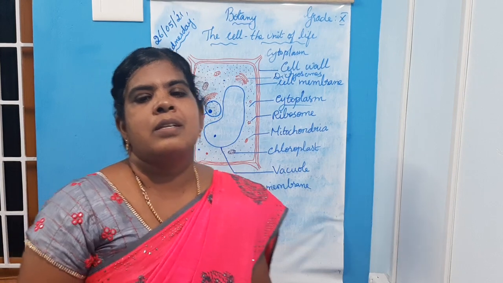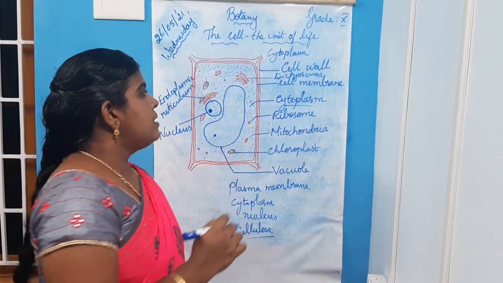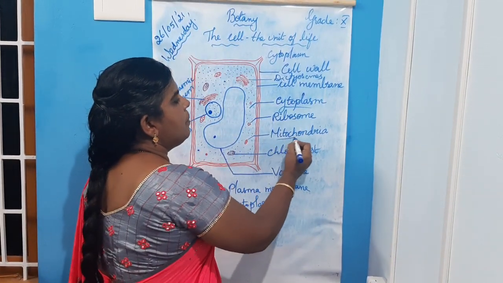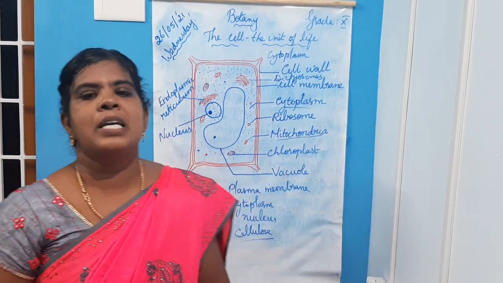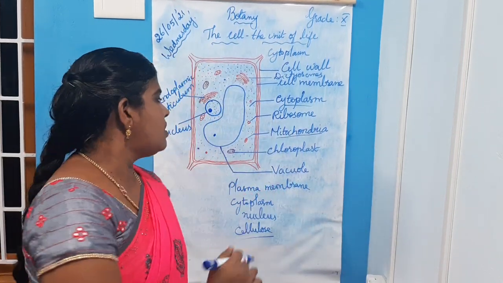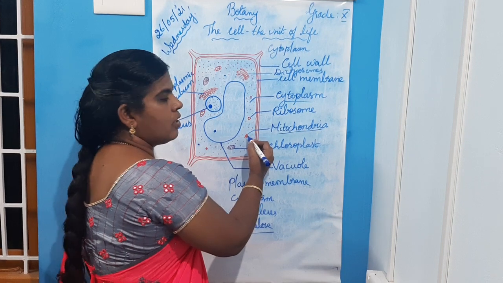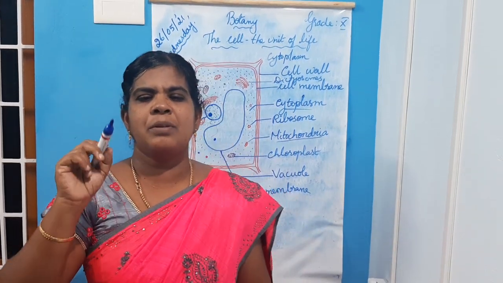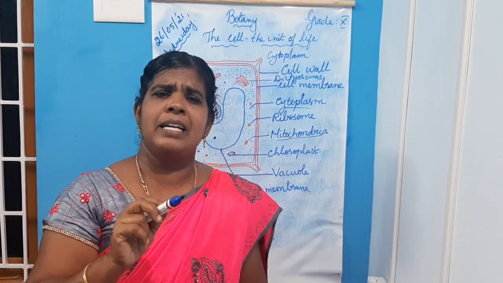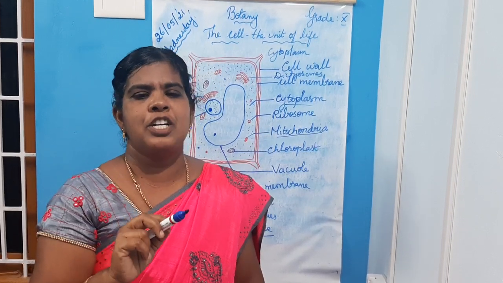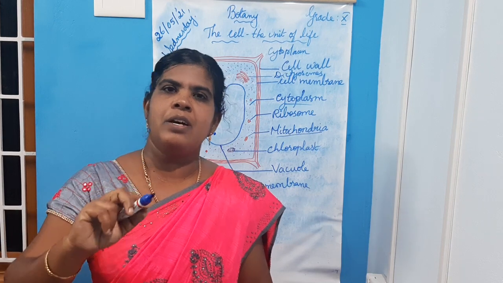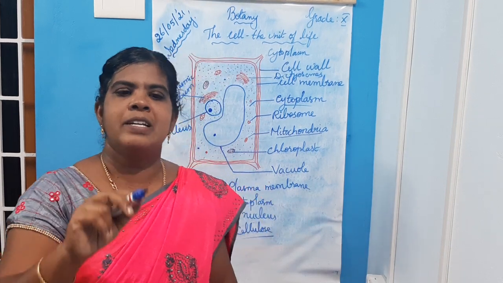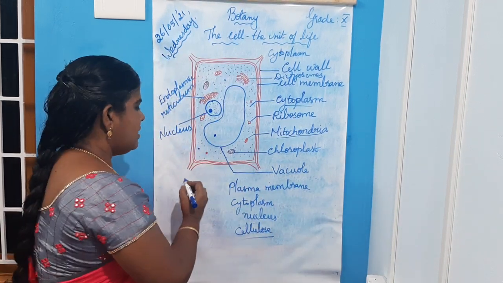Next, about one of the organelles, mitochondria. These are rod-shaped structures present in the cytoplasm. These are the main organelles for cellular respiration. Mitochondria produce a large number of ATP. What is ATP?